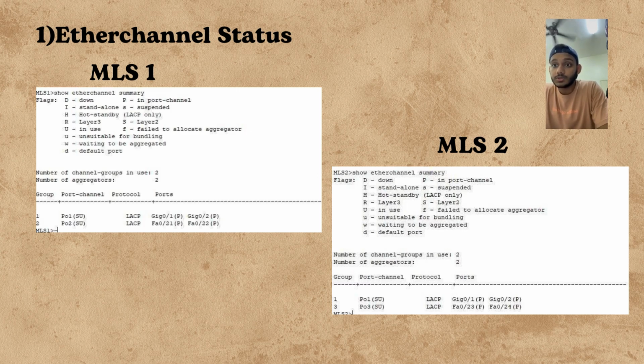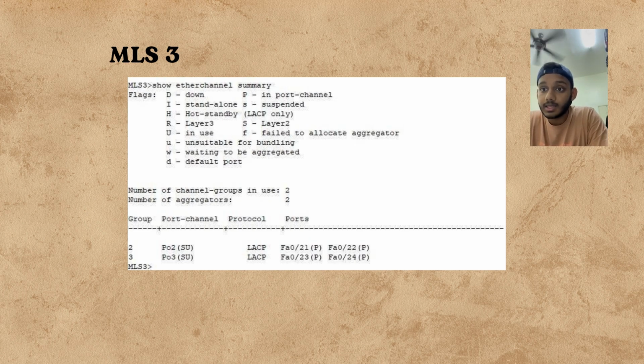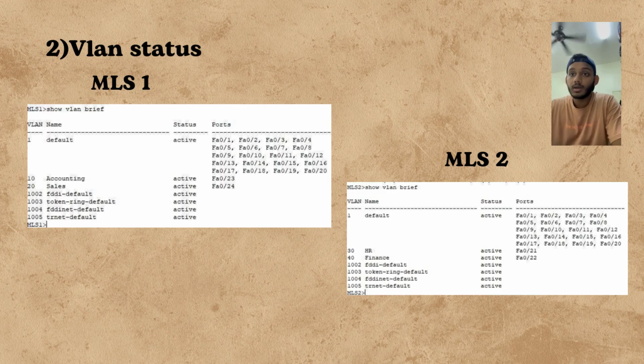Number of channel groups in use is 2, number of aggregators is 2. MLS2, number of channel groups in use is 2, number of aggregators is also 2. MLS3, number of groups in use is 2, number of aggregators is also 2.